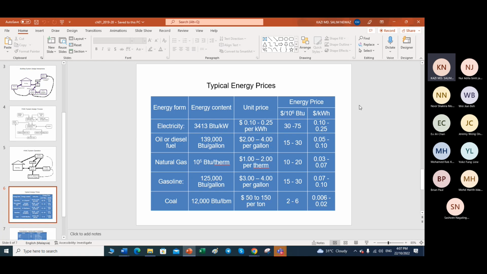Then we can see the typical energy prices. These change with the changing of the fuel, and that also affects taxes and guides the HVAC system cost analysis.